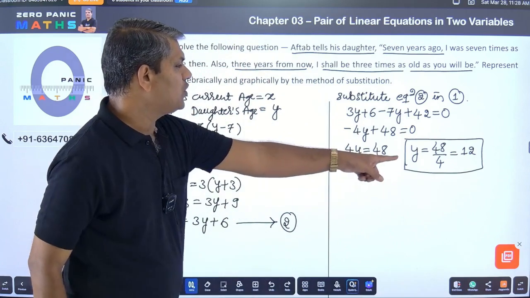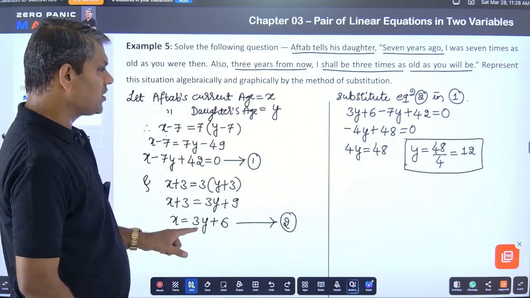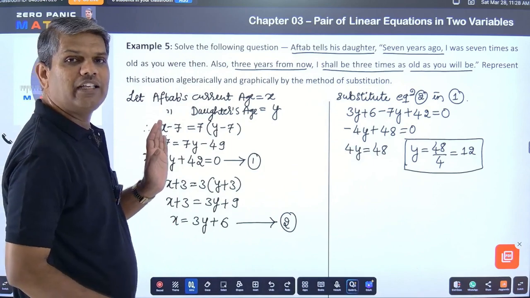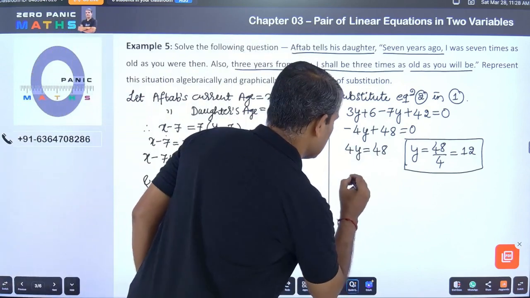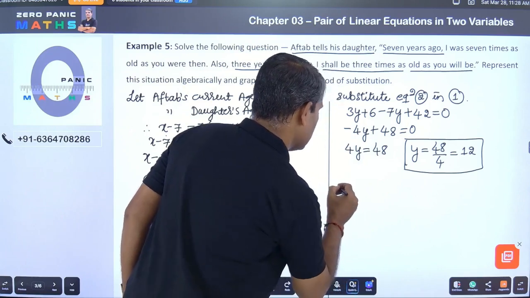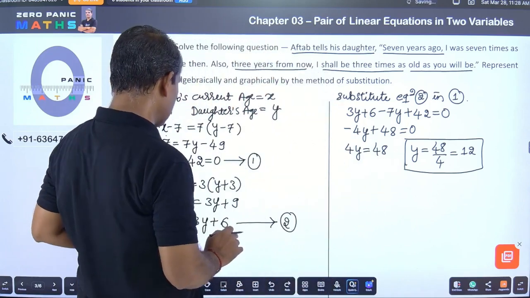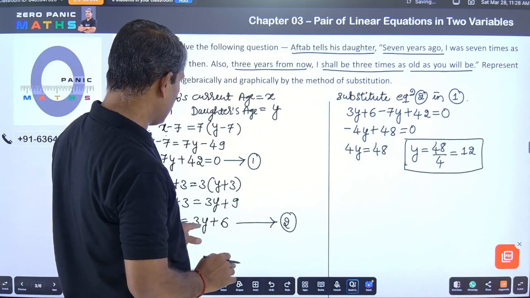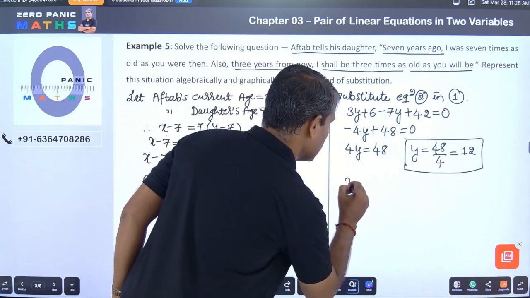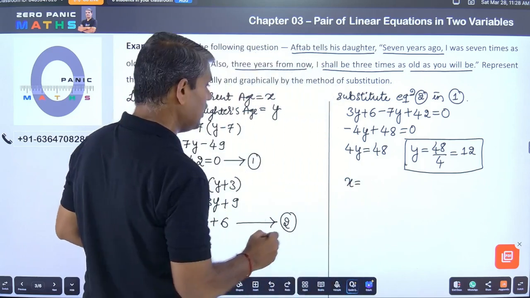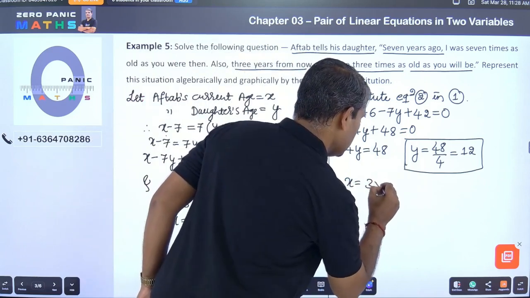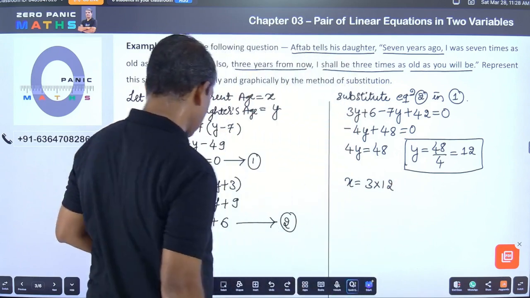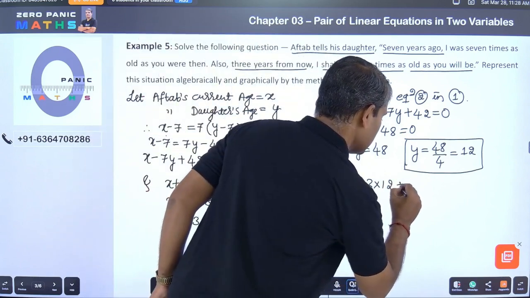So let us substitute y is equal to 12 in equation 2 to get the value of x. Okay, I will just directly put the value of y. So x is equal to 3 into 12, plus 6.